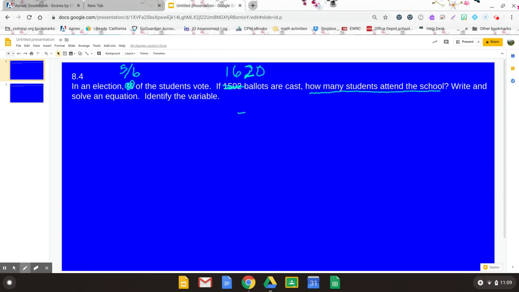Well, this time I'm going to write it that way. 1,620 is 5/6 of what amount? We don't know. Okay, so N equals total students.